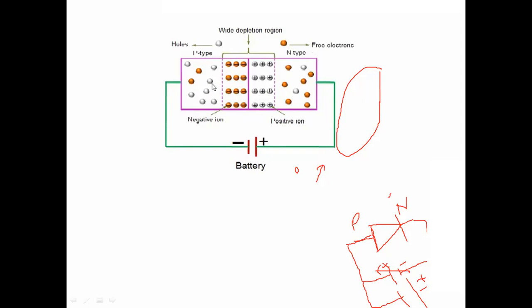So more holes correspond to positive charge. The positive charge of the holes will be attracted by the negative terminal of the battery.